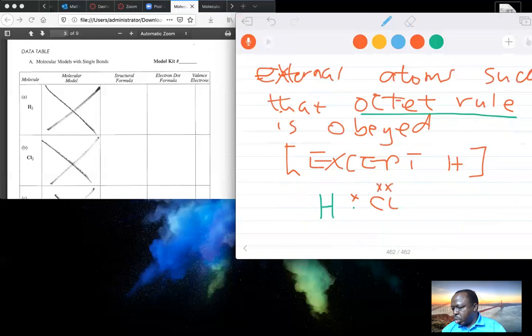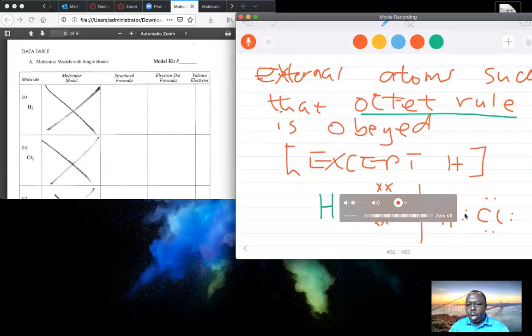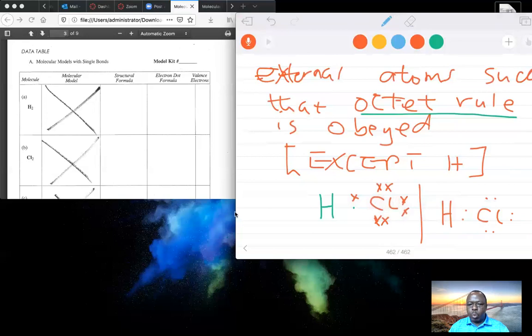You don't need to show different color coding the way I'm using right now, but if you have the dots, show just like that, and then like that. Please don't make a mistake and put more dots. It should be counted that we have 8 electrons. 1, 2, 3, 4. Those are the 8 electrons we started with.